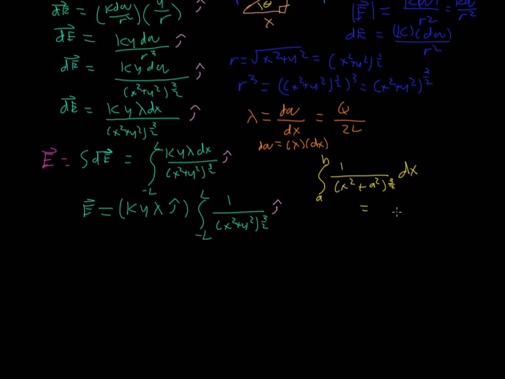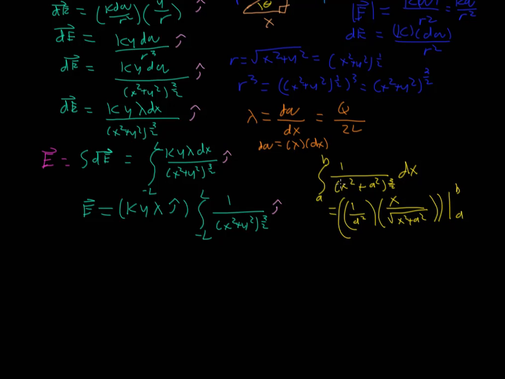So this integral equals 1 over a squared, as its own fraction, and then we've got another one, x over the square root of x squared plus a squared, all evaluated from b to a.